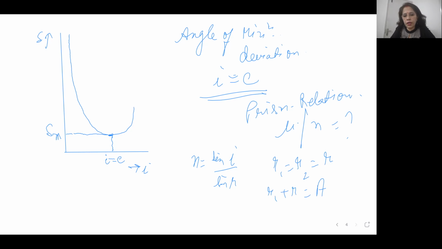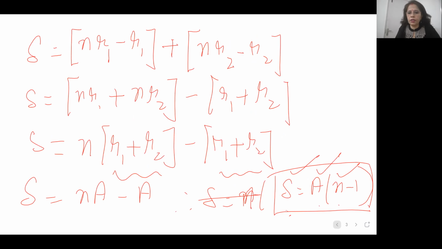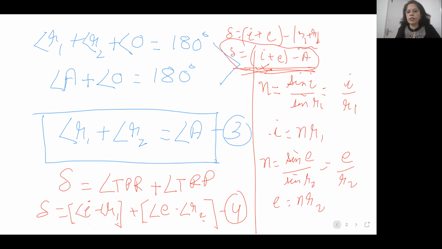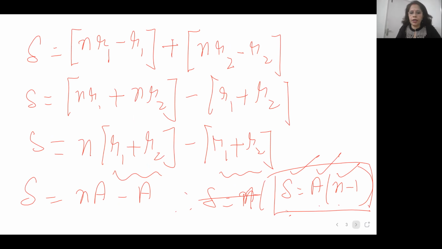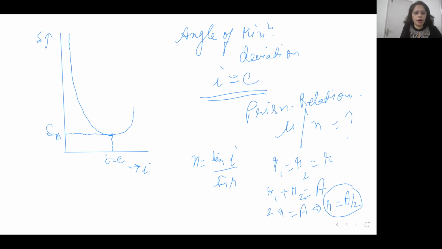So here, 2R is equal to A. That means R is equal to A by 2. We are getting this. Now we also know, just now we have done here, I plus E minus A is equal to delta. So I plus E minus delta is equal to A.